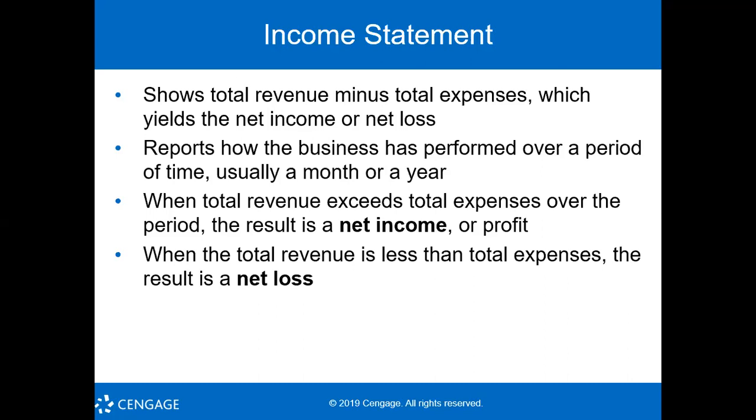So when our revenue is greater than our expenses, we earn a net income, or net profit as it's sometimes referred to. When it's the opposite, when revenue is less than expenses, there's a net loss. We've lost money. Our expenses exceed our revenue, so we've suffered a net loss over that accounting period.